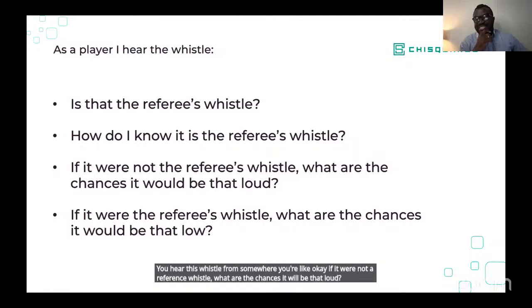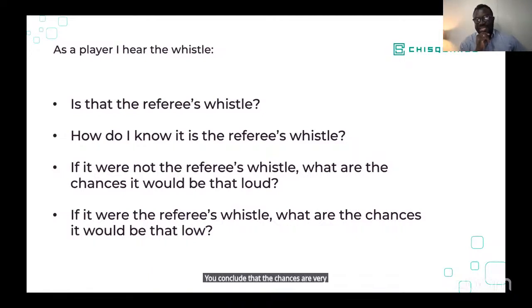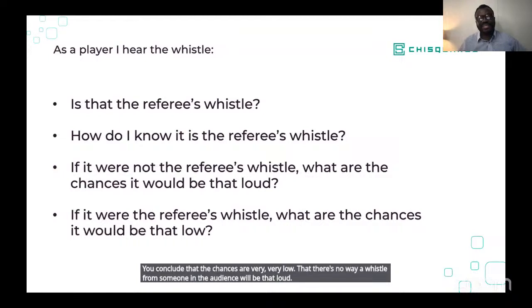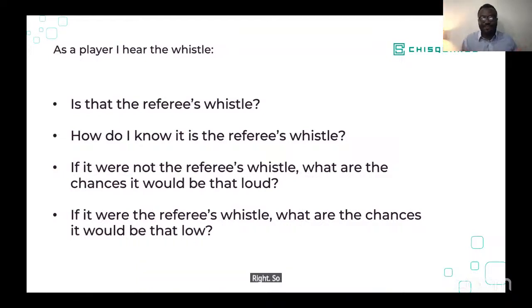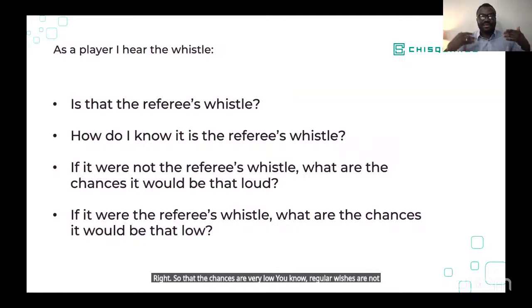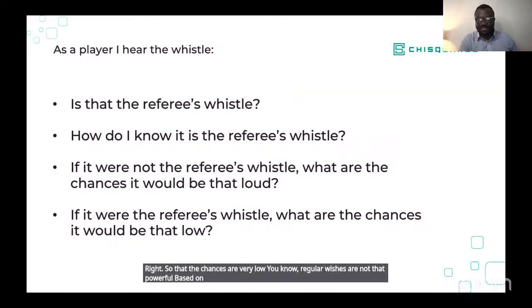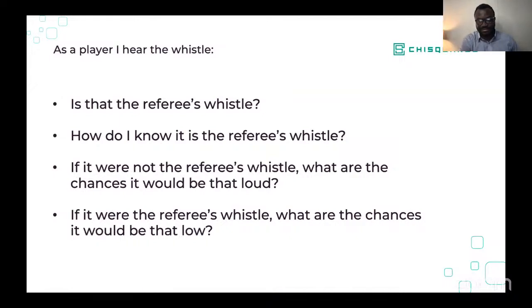And you conclude that the chances are very, very low, that there's no way a whistle from someone in the audience will be that loud, because regular whistles are not that powerful. So based on that, you decide to do what? I will ignore the whistle.